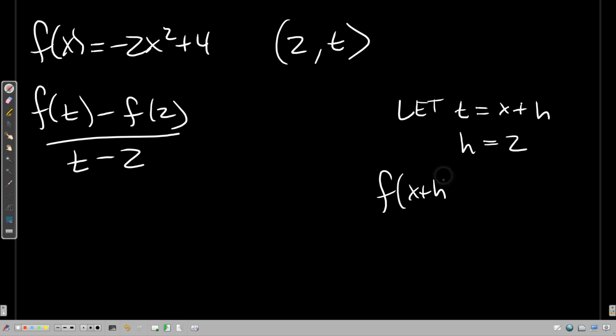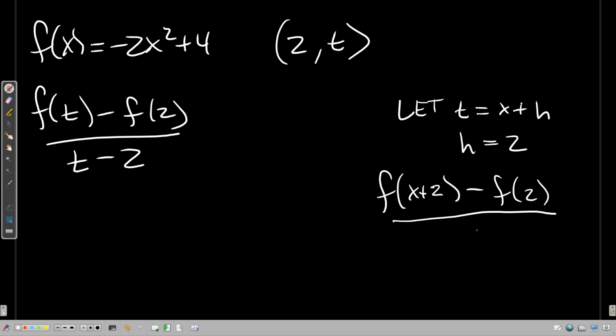It would look like f of x plus h minus f of 2, this would just be a 2 now. f of x plus 2 minus f of 2 over what? x plus h.